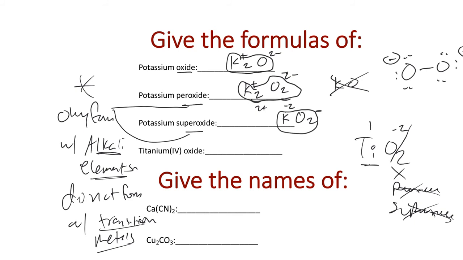And then you know this would be titanium 4 oxide, titanium with a +4 charge and 2 oxide ions. That's the only oxide that would actually form with titanium with that charge. We're not going to get titanium peroxide or superoxide to form.